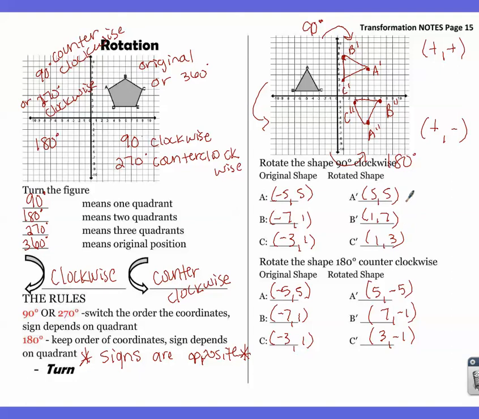You're in quadrant 1, so all your signs should be positive for your 90 degree clockwise rotation. In the second example, 180, your numbers will stay in the same order, but then you adapt your signs for the quadrant you're in. You're in quadrant 4, so your x's are all positive, your y's are all negative. Ask your teacher if you have any questions.